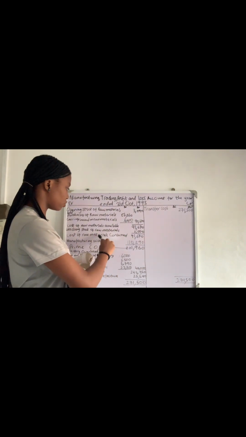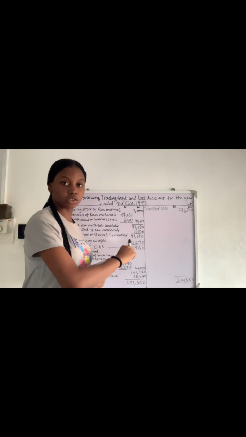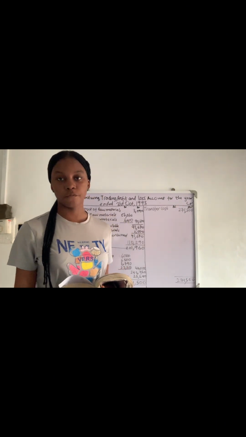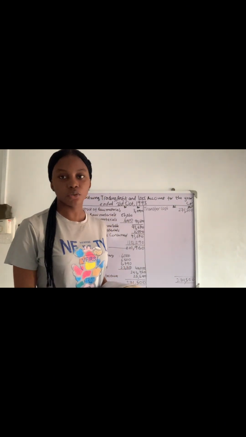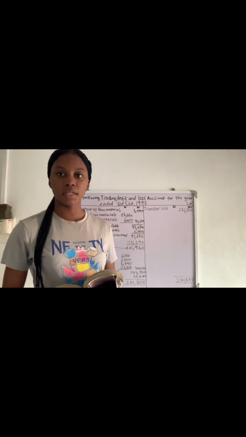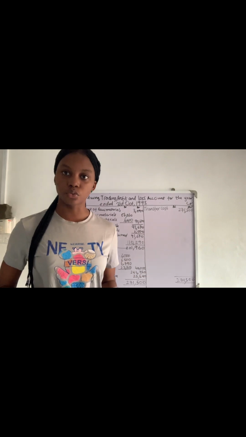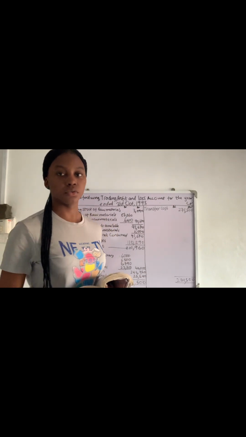If you don't less this closing stock of raw material, which is the stock at the end of the financial year, it will be assumed that it was consumed. So you have to less it, so you know the cost of raw materials which you have actually consumed while producing your goods.